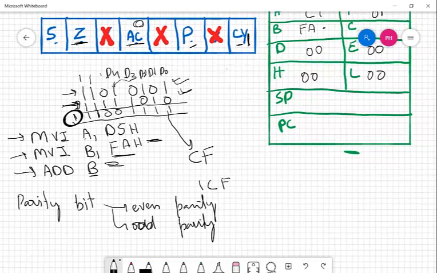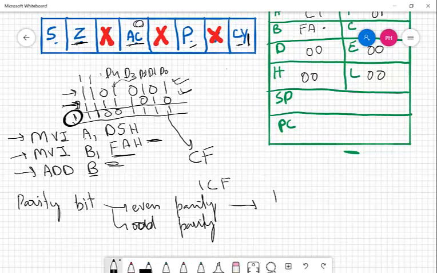These are error detection and correction schemes. So what does even parity or odd parity mean? Even parity means that we always have to maintain that the number of ones in a particular piece of data is even.